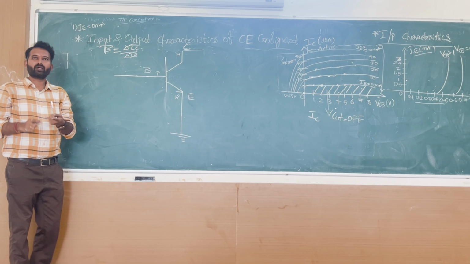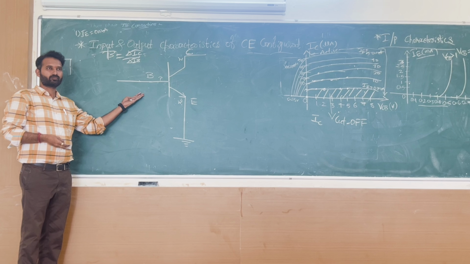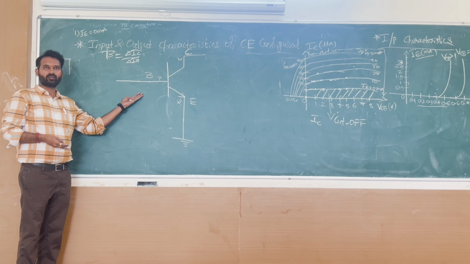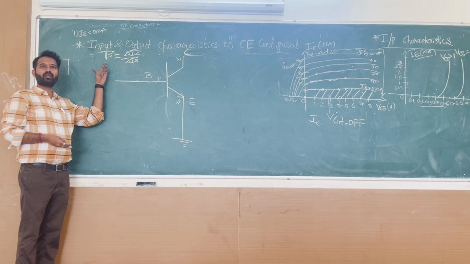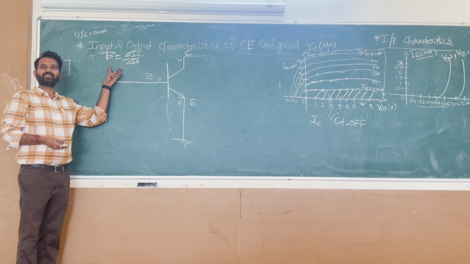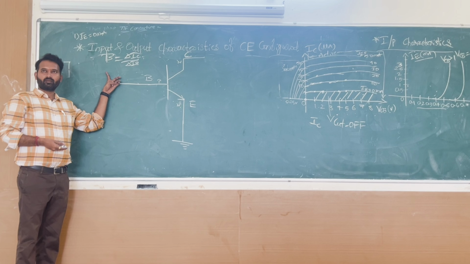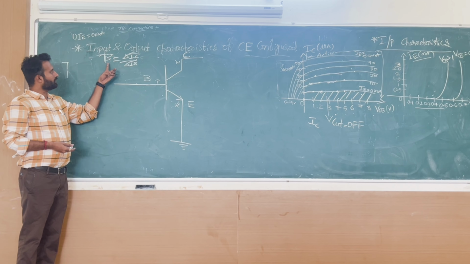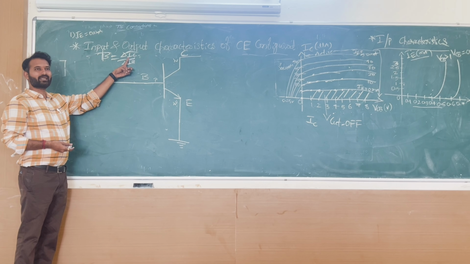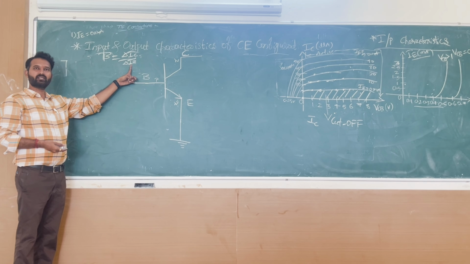If you remember the alpha, beta, gamma formulas, you can draw this circuit diagram. Alpha in common base configuration is equal to delta IC by delta IE. In this configuration, delta IC by delta IB. IC is your output, IB is your input.